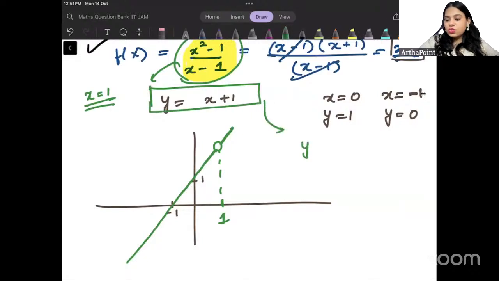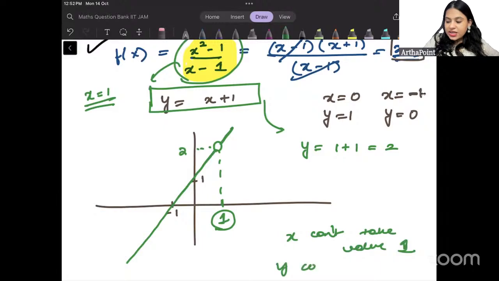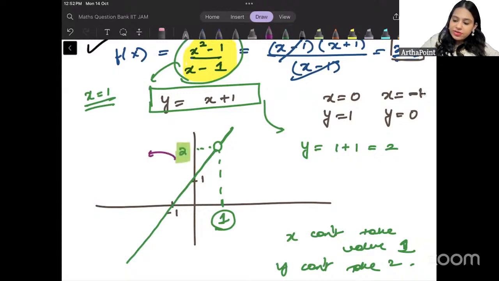I will get y is equal to 1 plus 1, which is equal to 2. It means that another thing I understand from here is that since x cannot take the value 1, y cannot take the value 2, because y is 2 when x is 1, right? So this 2 is not part of my range.